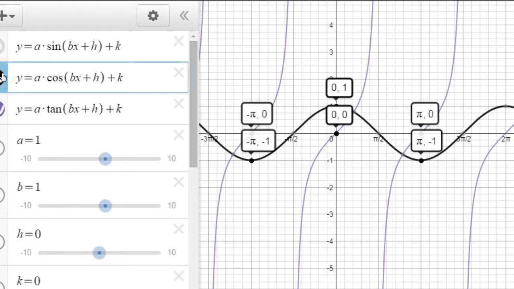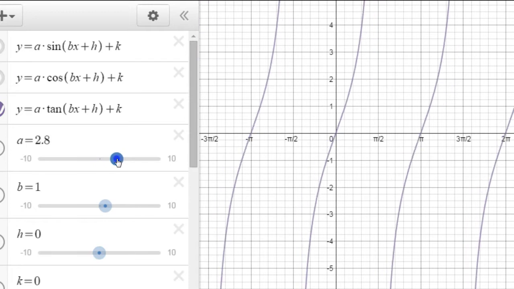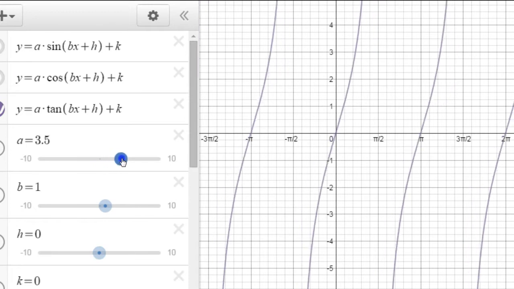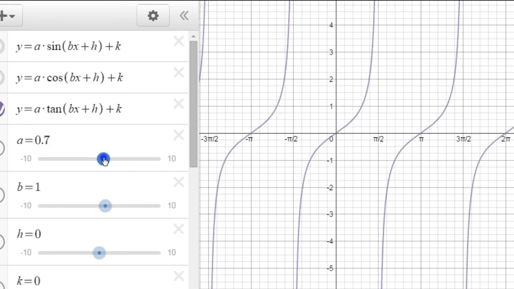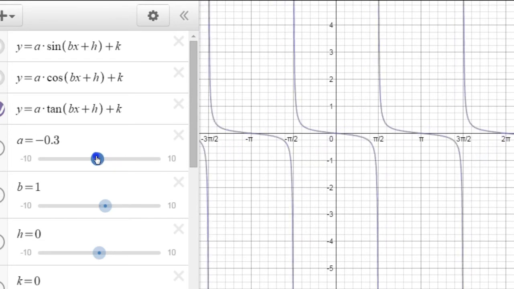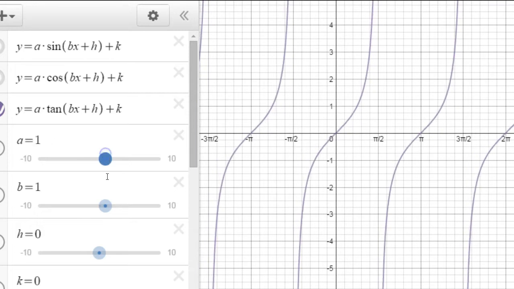Okay? Alright, now is amplitude affected the same way on it? Yes, it actually is, except it's going to be stretched out more. So the bigger I make it, the more stretched out it's going to be upwards, and the smaller I make it, the more compressed it's going to be, and then I make it negative and it flips over the x-axis. Now B, does it affect the period?